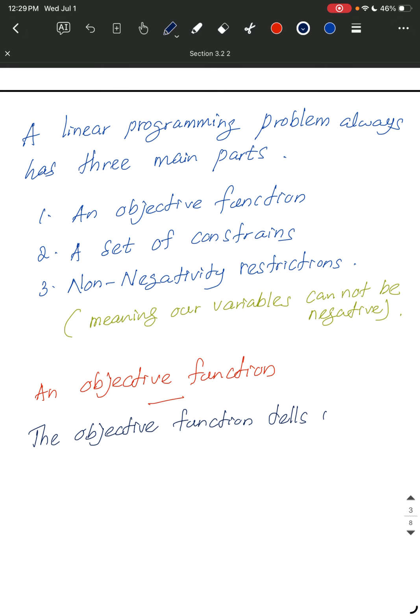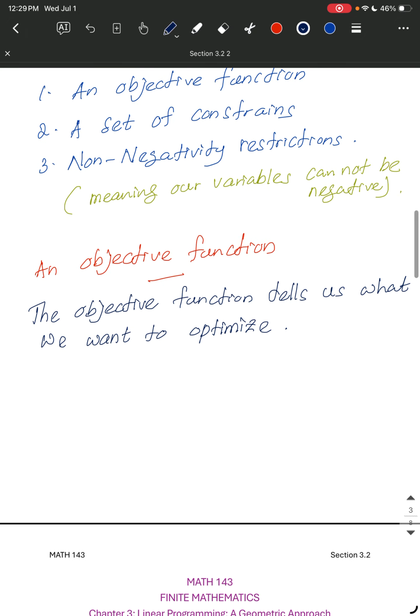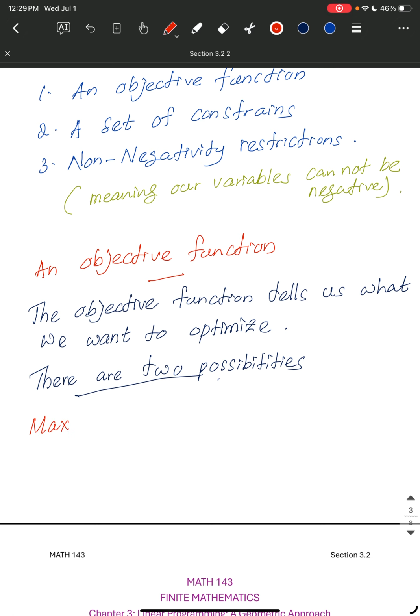There are two possibilities. The first one is maximization.